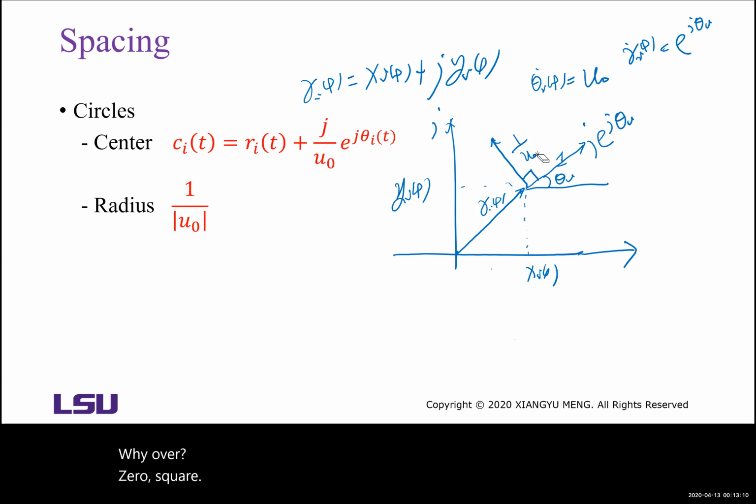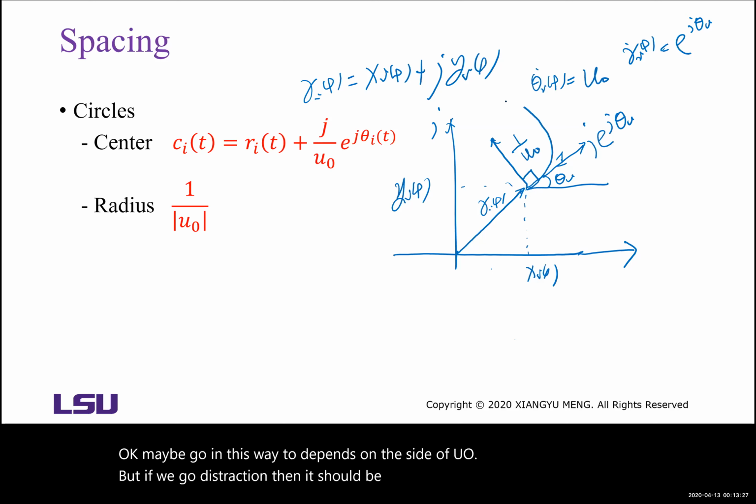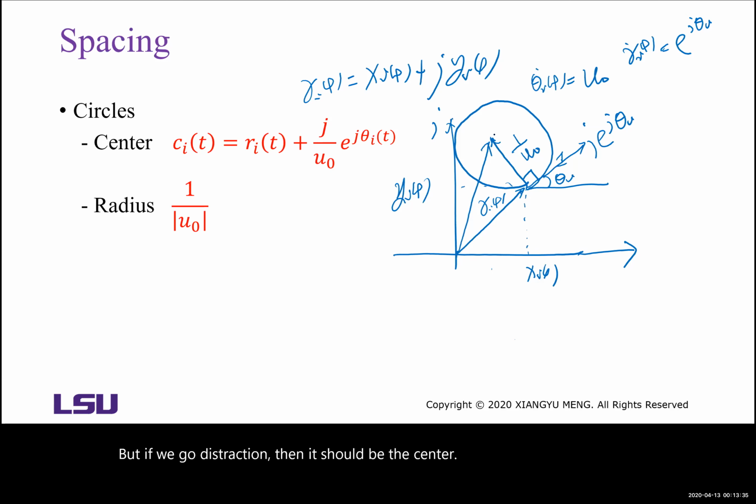It depends on which direction, which depends on the sign of u0. If it's positive, we go this direction, and then that will be the center. So the center of the circle, ci(t), is the center.